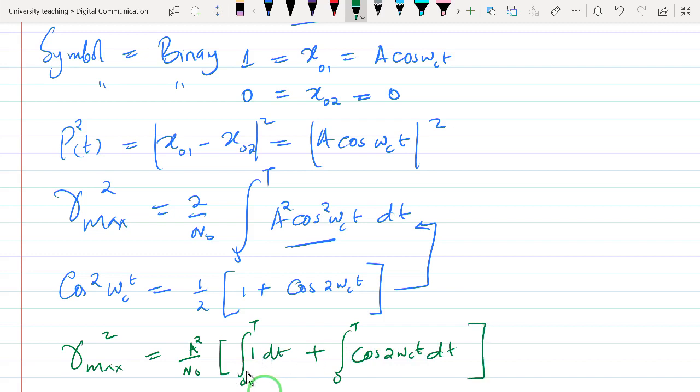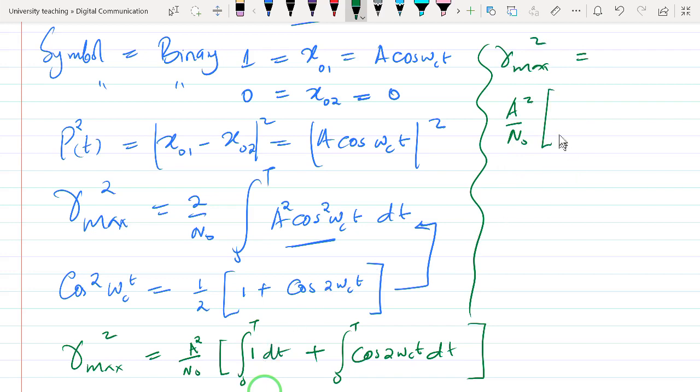When we perform this integration, we find that gamma max squared equals A squared over n naught. This becomes T, whereas this one becomes plus sine of 2 omega c of t divided by 2 omega c. This varies from 0 to T, but we know that the numerator varies from -1 to 1, whereas this is a high carrier frequency.